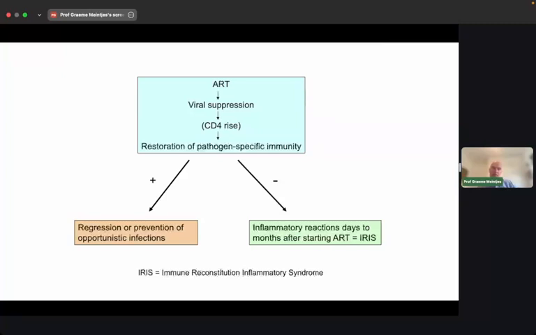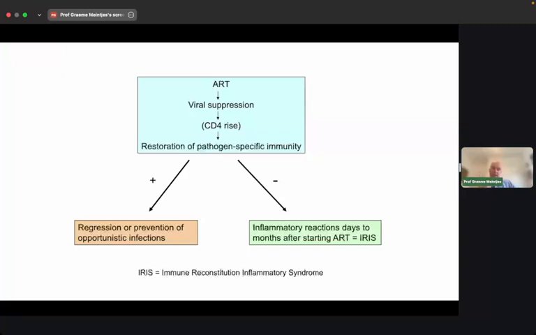And we know that once people have immune reconstitution on ART, that in itself prevents conditions like PCP and cryptococcal meningitis. Some conditions like cryptosporidial diarrhea will improve just with antiretroviral therapy alone, even though there's no specific treatment for the cryptosporidial diarrhea.